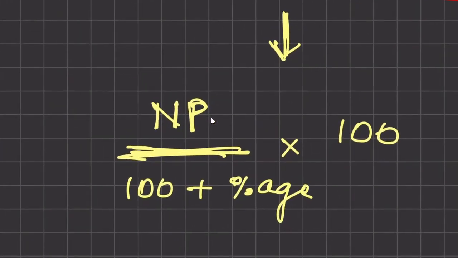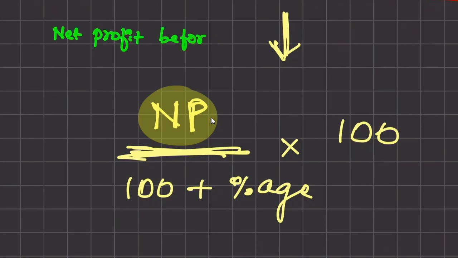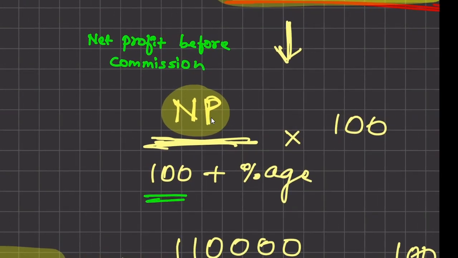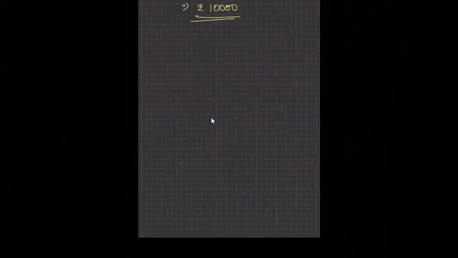So what in the numerator I am taking? In the numerator I am taking net profit before commission. I am dividing it by 100 and adding the percentage of commission into it. So why am I doing this? Now understand, this is just for understanding.